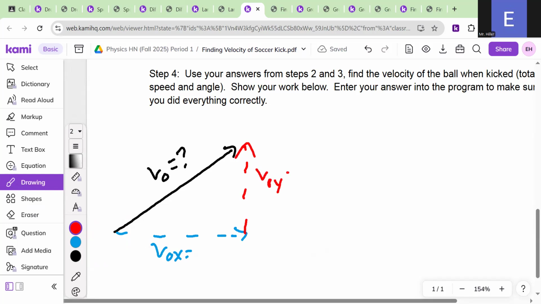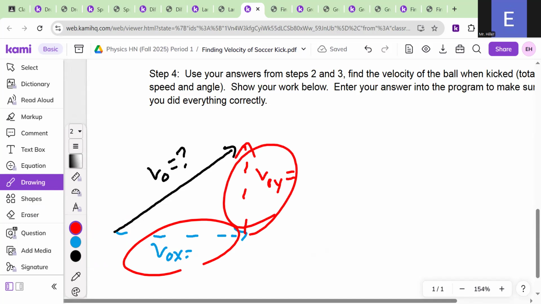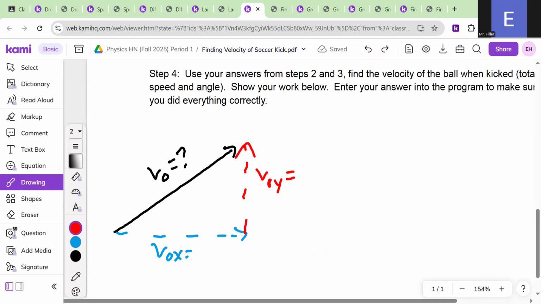If you look carefully, those are the adjacent and opposite sides of a right triangle, which means you're going to use the Pythagorean theorem to find the launch speed, which is the hypotenuse of the triangle. And you're going to use arctangent to find the angle it was kicked at.